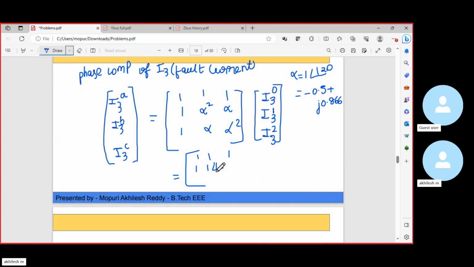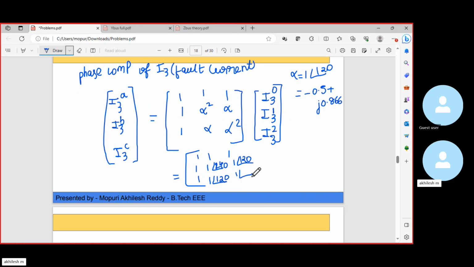Alpha square, I think, is 1 at an angle of 240 here. Yes, 1 at an angle of 240. And again here it is 1 at an angle of 120. And finally, 1 at an angle of 240.